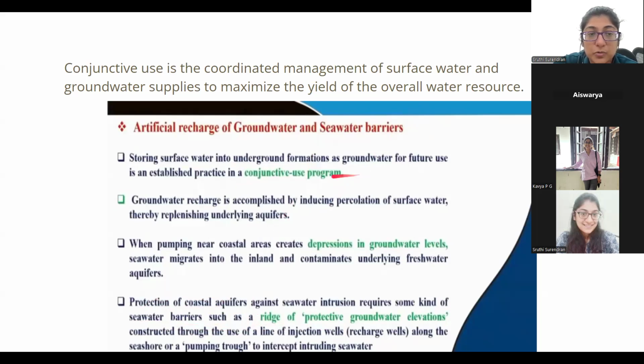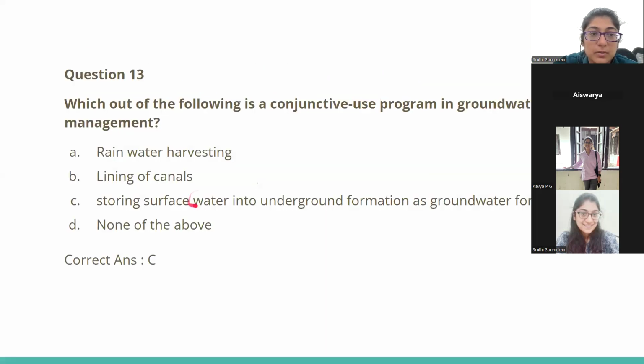The conjunctive use program involves storing surface water that can be used as groundwater for the future. So these are the two important points here. So following is a conjunctive use program in groundwater resource management.